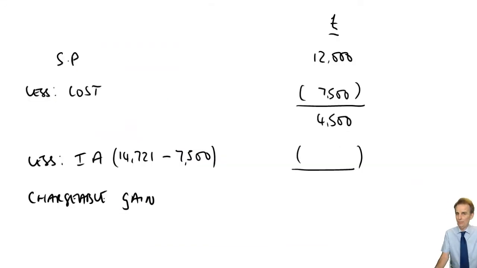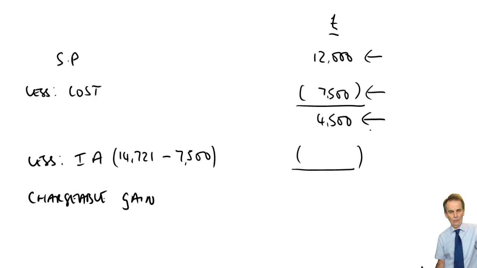Okay, let's see if we've got what the answer should be here. We know the sales proceeds, 12,000, which will always be given in the question. We've worked out from our share pool that we've sold half of the 4,000 shares, 2,000 of them, so we take with it half of the cost. Bringing down the unindexed gain of £4,500.